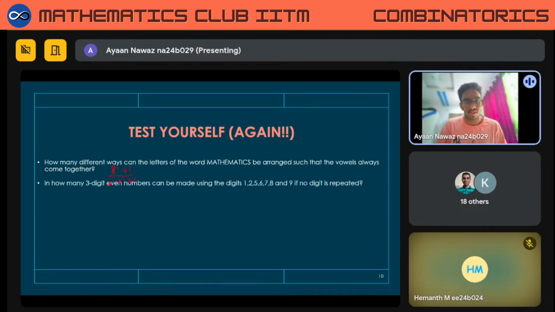The next question is, how many three-digit even numbers can be made using the digits 1, 2, 5, 6, 7, 8, and 9 if no digit is repeated? It should be easy. I'll give you 1 minute for this, and we'll see in 1 minute.